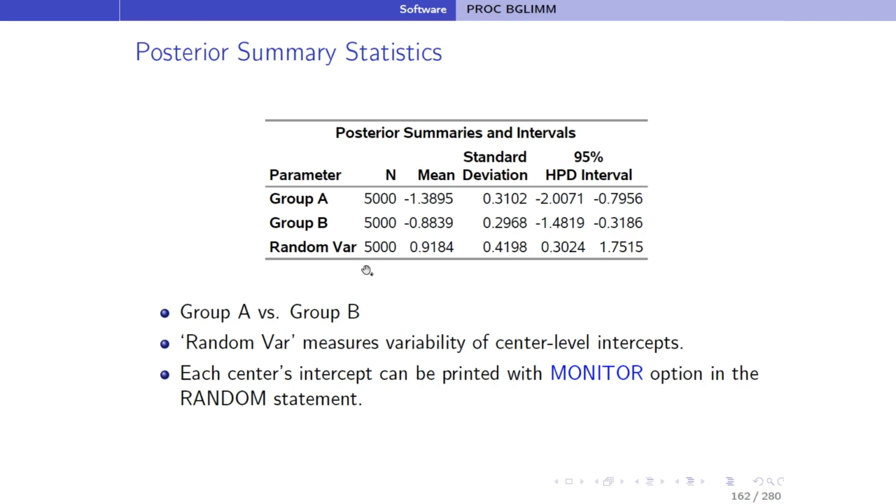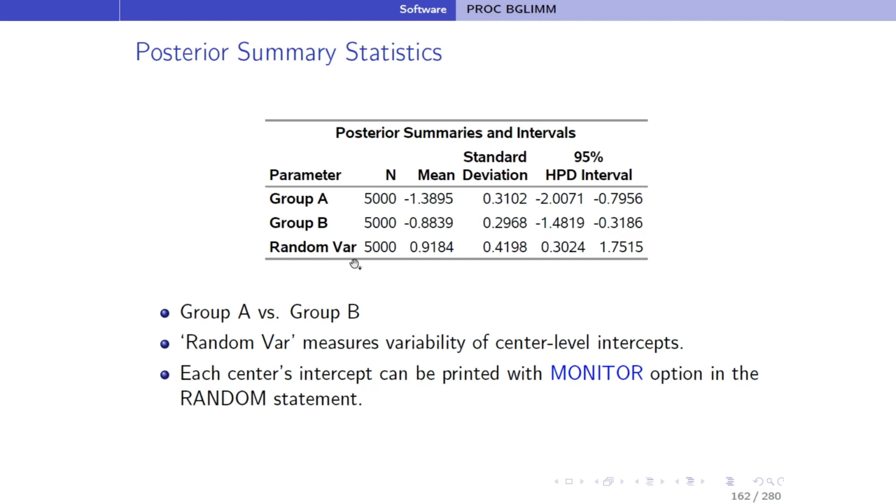In many applications, it could be even more. So the posterior summary and interval statistics table only displays the regression coefficients and G-side covariance, or R-side if there are R-side variance terms. But since it's a binary model with no residual variance, we only output 2 regression parameters and a G-side variance term.